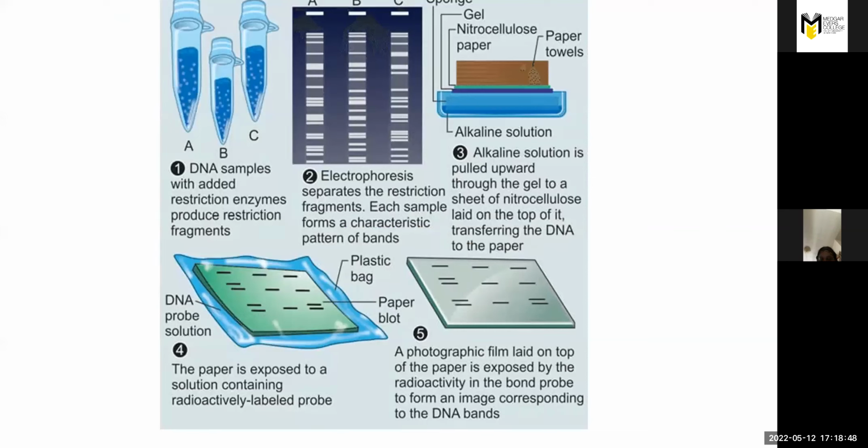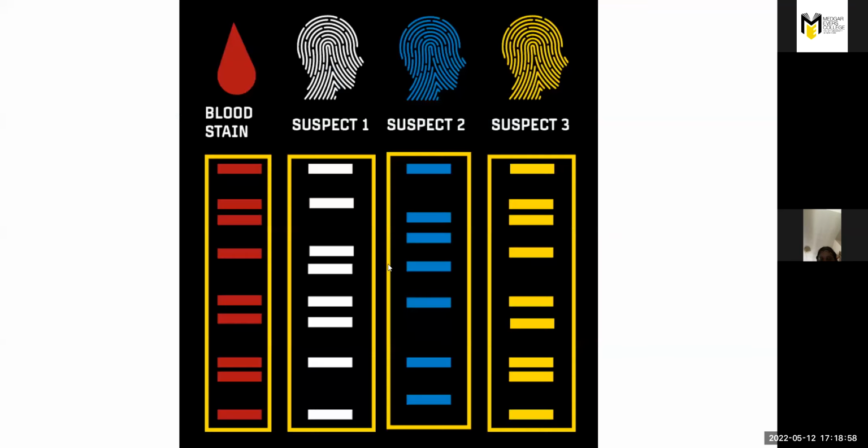It can go another step by doing Southern blotting, by transferring onto nitrocellulose paper, which we have discussed in earlier chapters. So this could be the DNA profile of blood. This could be suspect 1, suspect 2, suspect 3. You see that the blood gathered at the crime scene matches suspect 3.